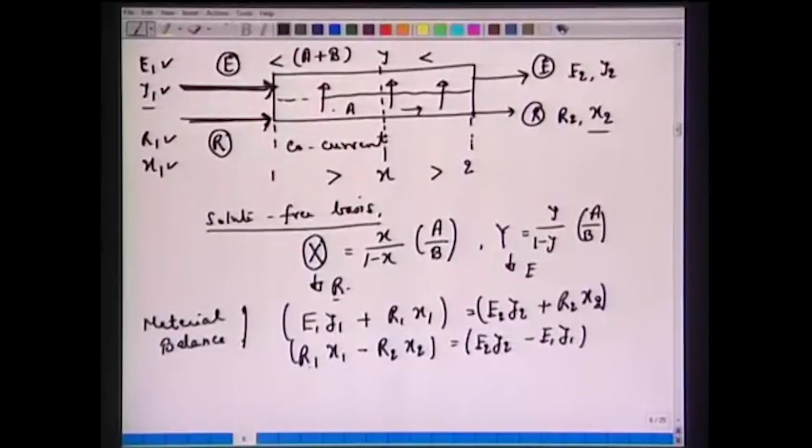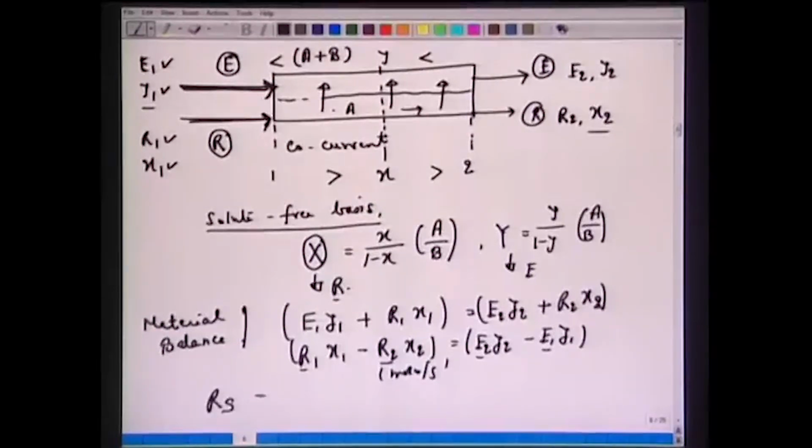Now look at these terms, R1 and R2, E2 and E1. These are the moles per second at the two ends, right? They will change because A diffuses into B, so the molar flow rates of these two streams will vary along the column. However, since we have defined quantities like capital X and capital Y, we can also define a quantity Rs.